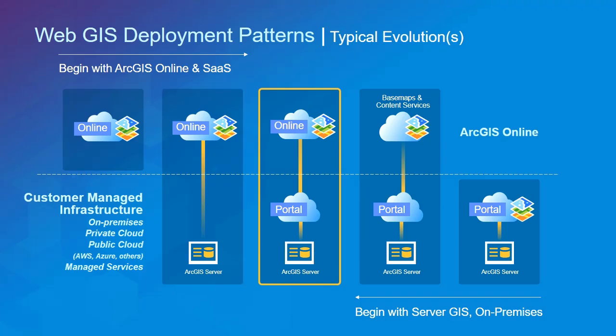With Server at 10.4 and Portal, you can now share web layers, or as we would usually have said, publish map services from Pro to your server. But that today requires the use of Portal for ArcGIS and a Web GIS setup. So there's lots of nuance to this. What will be pushing you towards the right or the left, or the top or the bottom, depends on policy, regulation, functionality, and many other factors.